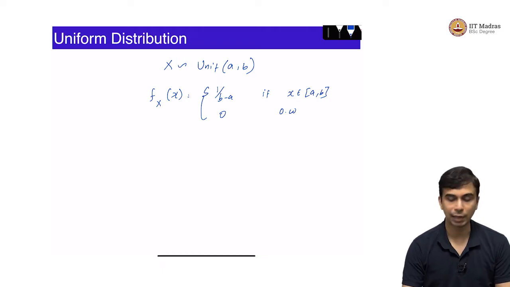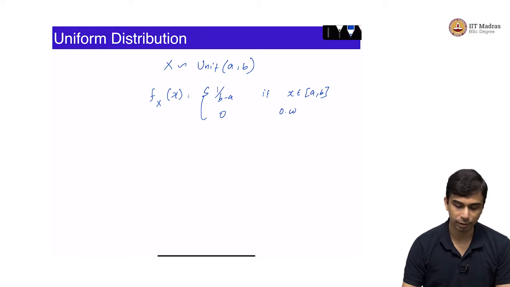We have already seen this several times, but I am just giving a notation of uniform a comma b. And we also know what the expectation and variance of this random variable are. We will just write that down again for completeness.